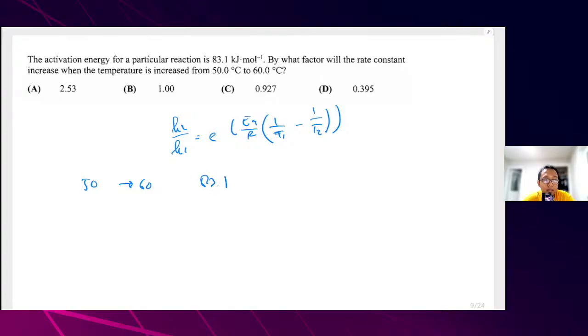That's a 10 degrees Celsius increase. The activation energy is pretty high, which means the reaction is very sensitive to temperature. A small temperature rise can have a big impact on reaction rate.